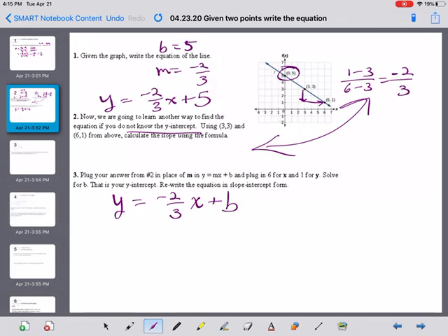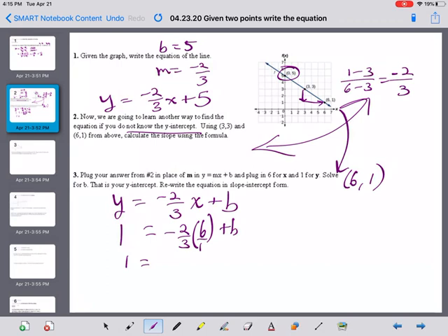So plug in 6 for x and 1 for y. So what I'm doing is I'm taking this ordered pair, 6, 1, and I'm putting the 6 in place of the x, and then 1 in for the y. So -2/3 times 6.